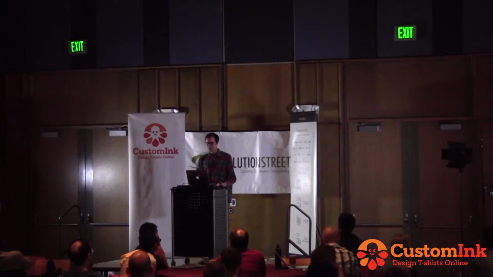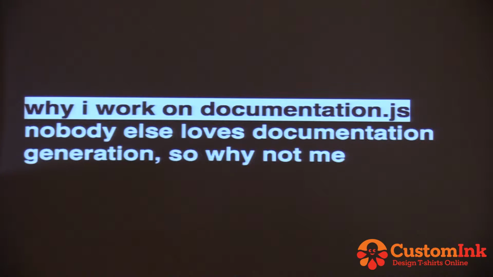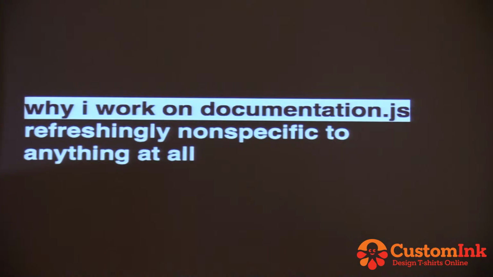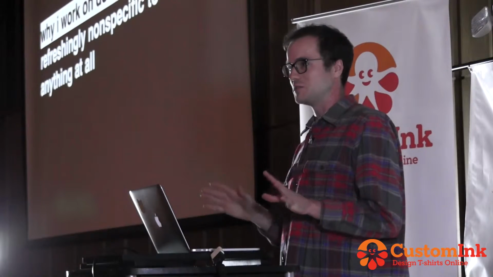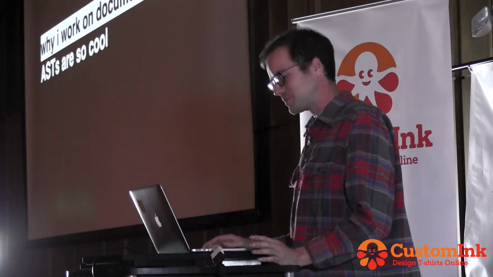In order: abstract syntax trees, type systems, and small modules have all been groundbreaking developments in how we can write code. Also, I work on it just because nobody else loves it, and it's the absolute vanilla problem to work on. So it just has no domain.